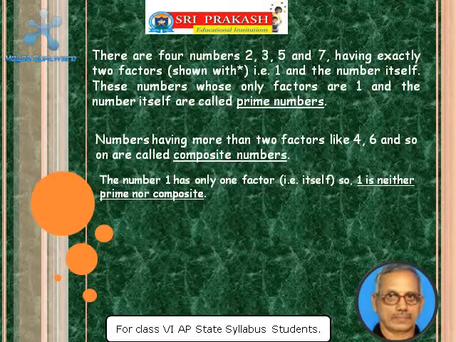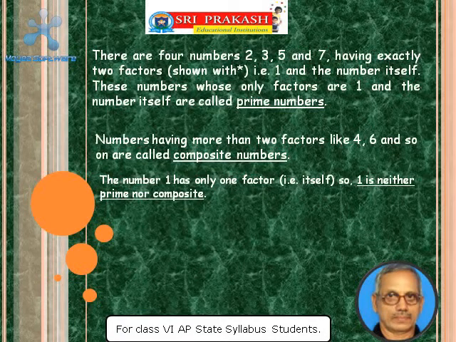Prime numbers, again I am telling, have only 2 factors. Out of those 2 factors, one factor is 1 and the second factor will be the number itself.